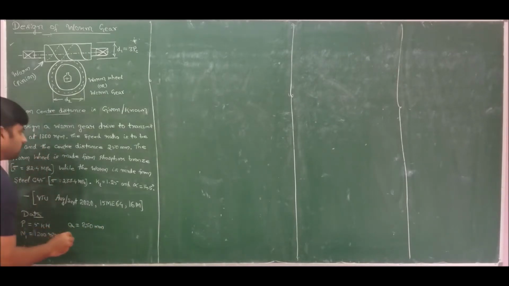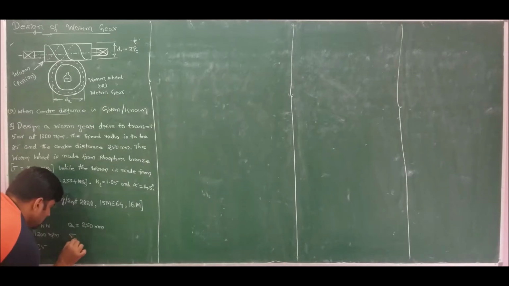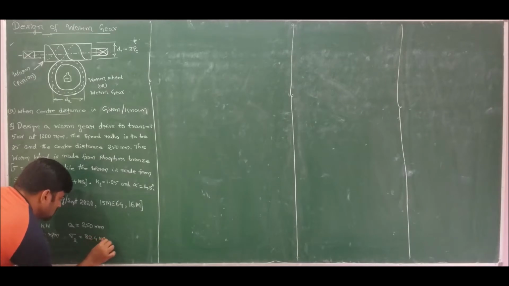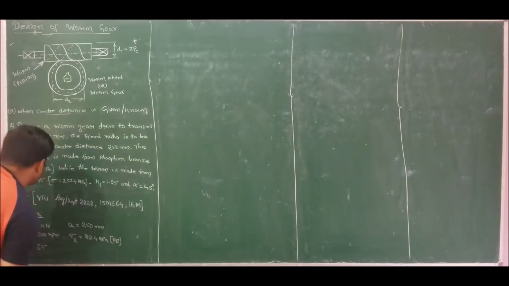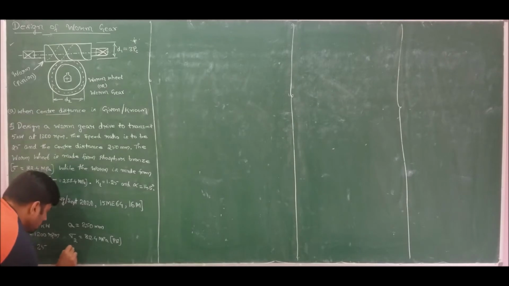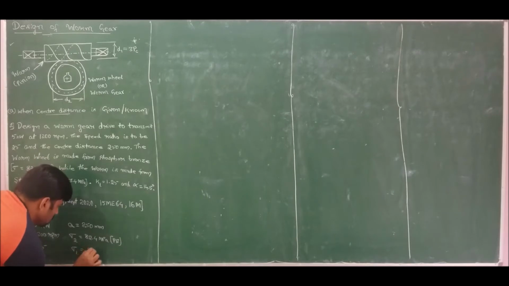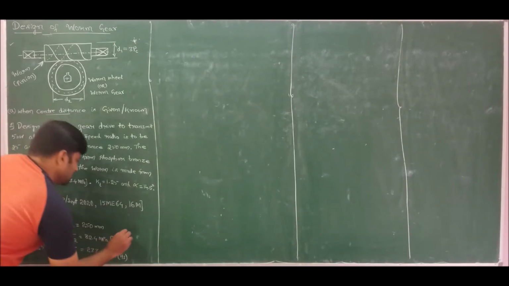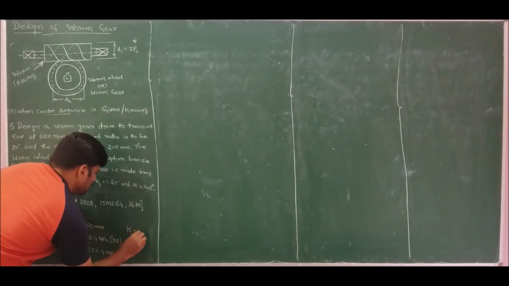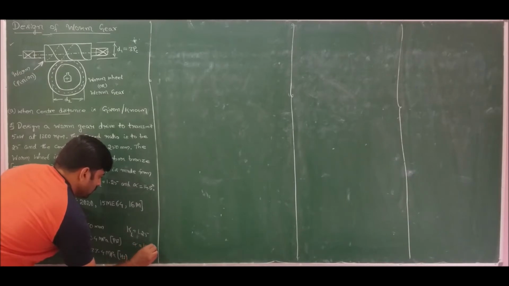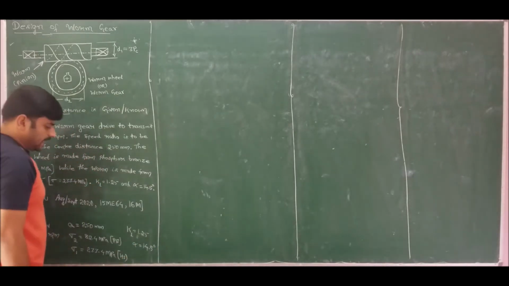The worm wheel is made from phosphorus bronze, that is the gear, sigma 2 is 82.4 megapascals, and the worm, that is the pinion, is made of steel C45 with 233.4 megapascals of static strength. We can take it as iron steel. He has specified the load factor for us as 1.25 and alpha is given as 14.5 degrees. So this is the data given.